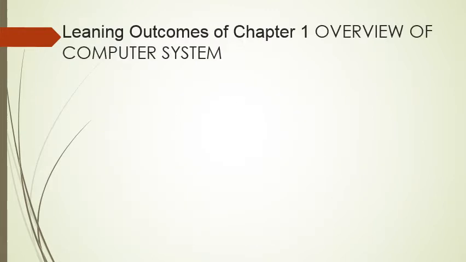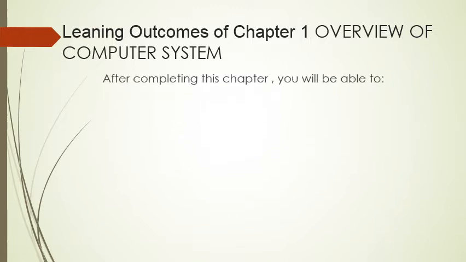Learning outcome of chapter 1, or you can say the overview of chapter 1. In chapter 1, what we got. So while finishing chapter 1, what the student is able to do: identify computing devices.